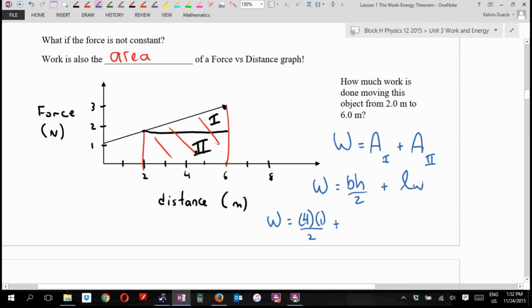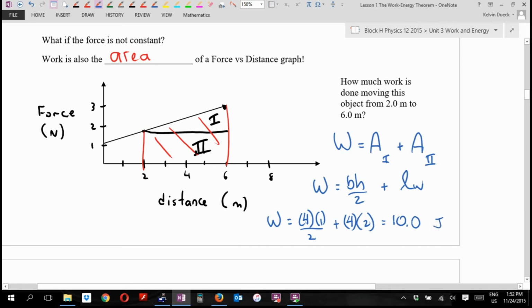What's the length of the rectangle? Also 4. What's the width of the rectangle? I think that's supposed to be 2 if I could draw properly, yes? In fact, I think it's 4 times 2, 8, plus 4 times 1 divided by 2. Isn't it 8 plus 2? I think the answer is 10, yeah? I'll go 10.0, so I go to 3 sig figs. And it's work units.